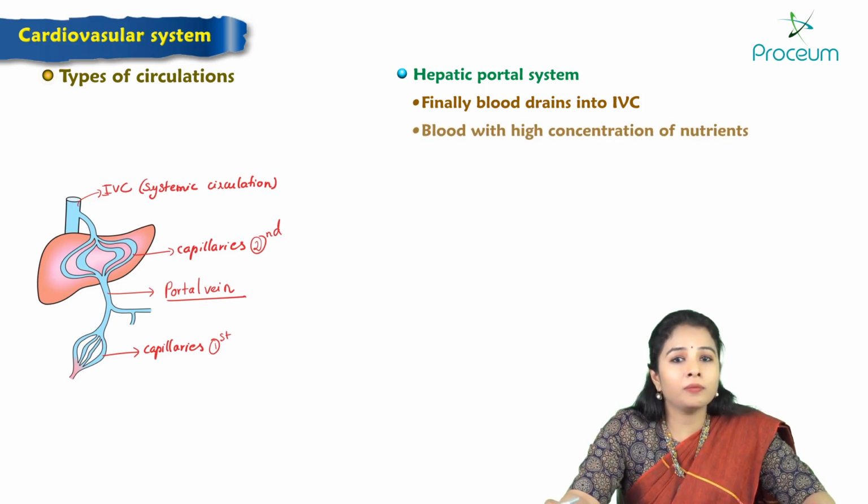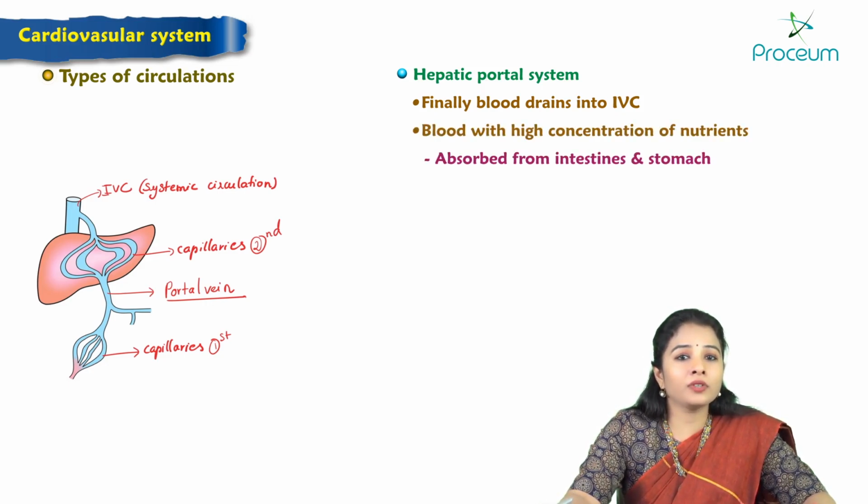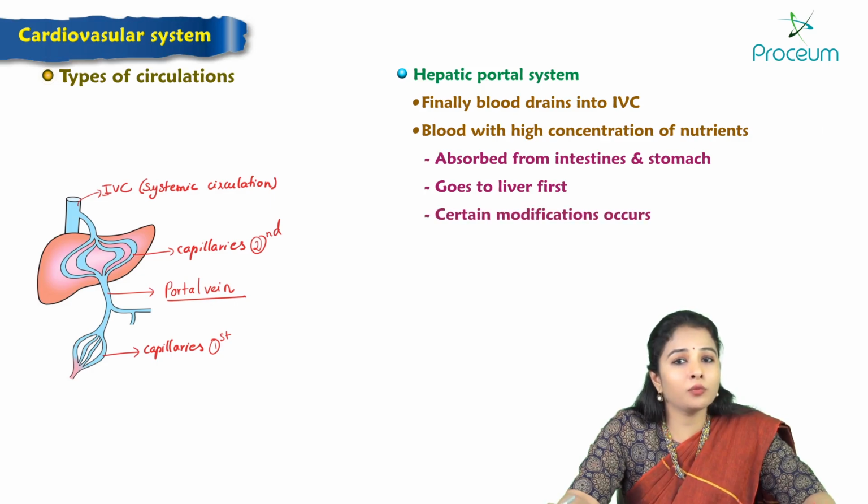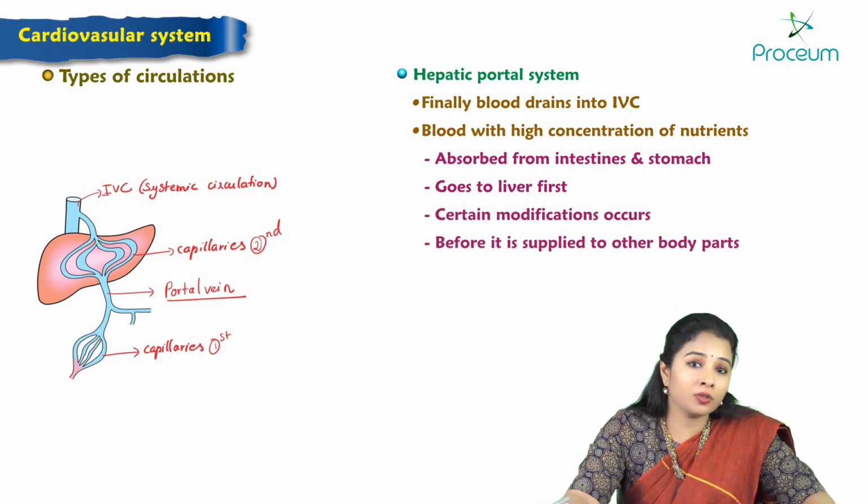So in this way, the blood with high concentration of nutrients absorbed from the intestine and stomach goes to the liver first, where certain modifications take place before it supplies the other parts of the body.